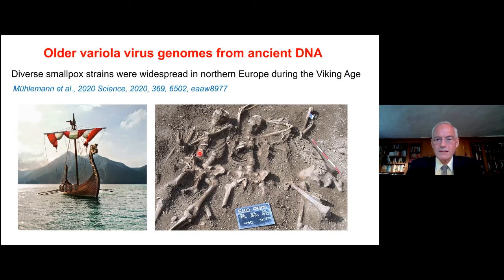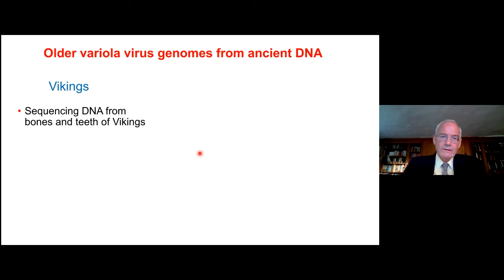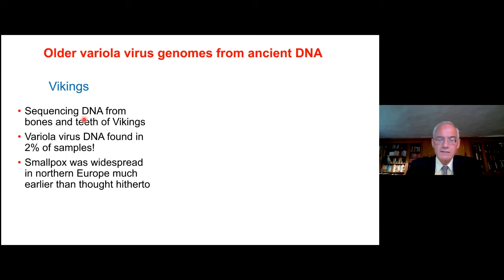And one of these sites that they obtained the DNA from was from Oxford. So the DNA from Viking remains was sequenced, and in 2% of all the samples taken, they found evidence of variola virus. So this indicated that smallpox was more widespread in Northern Europe much earlier than thought hitherto. And the earliest definite case in UK was now 1002.